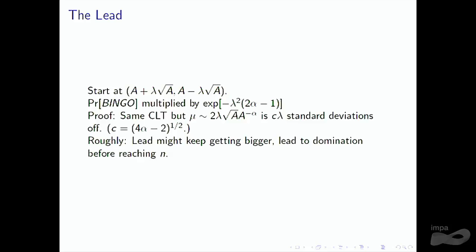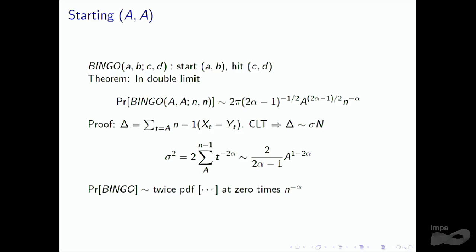What happens is if you back up, you get the same CLT, but the lead translates into moving the mean.